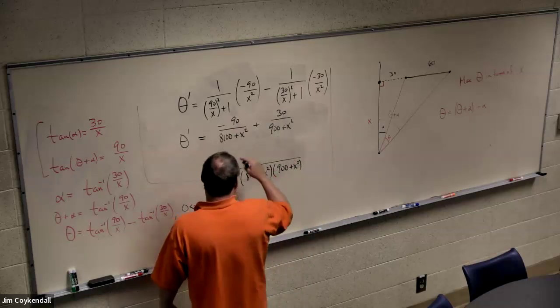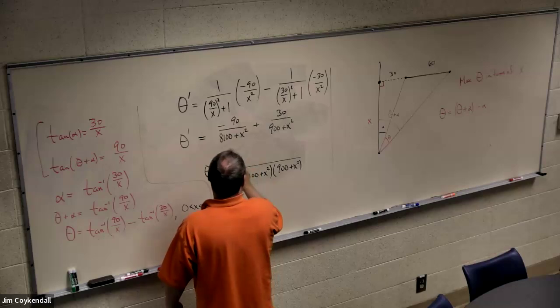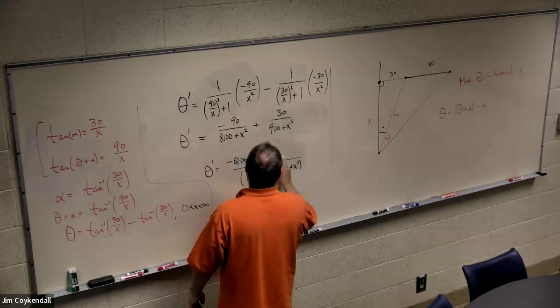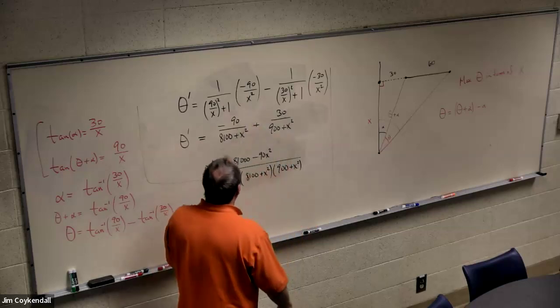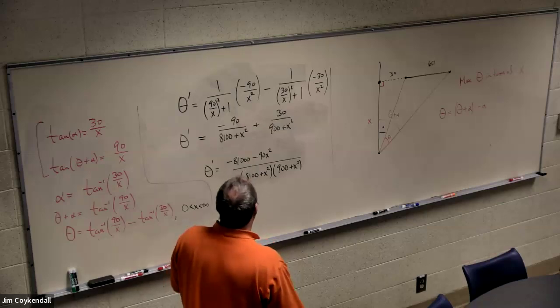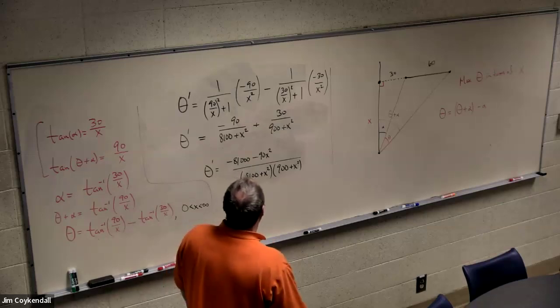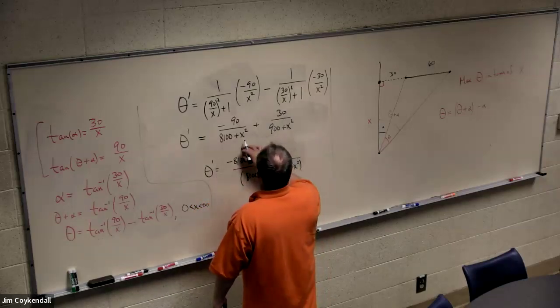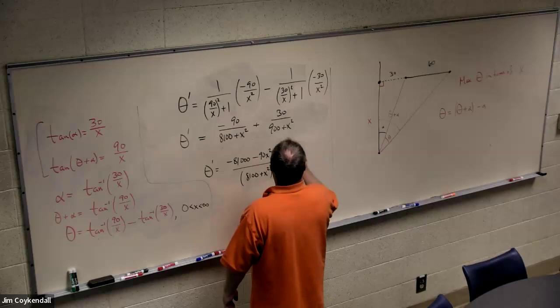So that's going to be minus 81,000 minus 90 x squared. Multiply that by that. Get the appropriate numerator. And this is going to be 243.